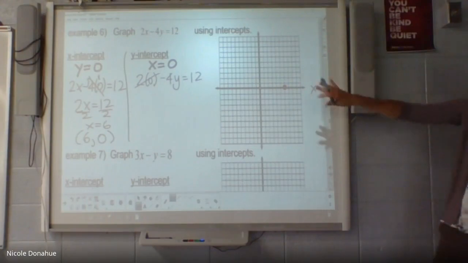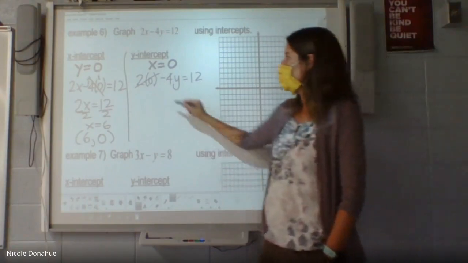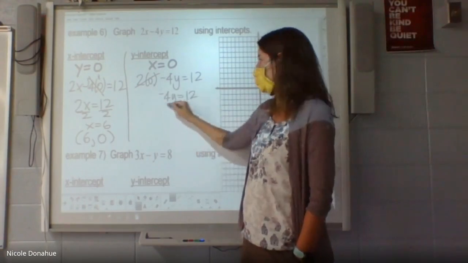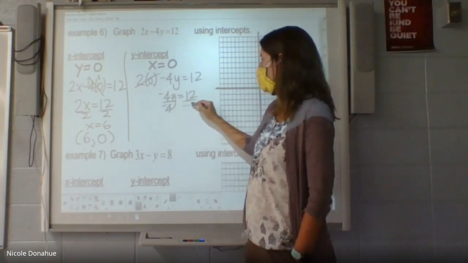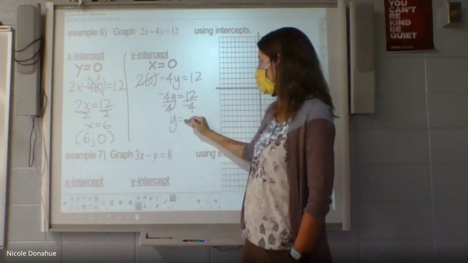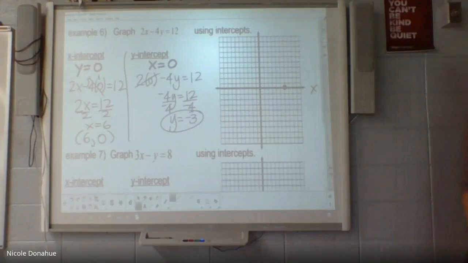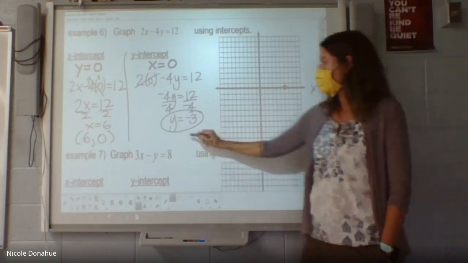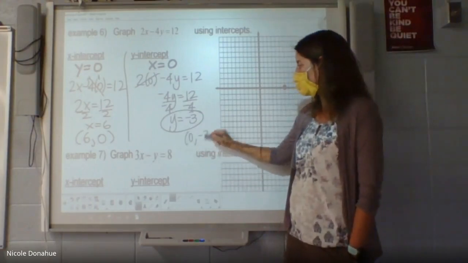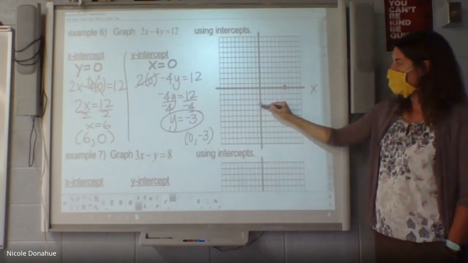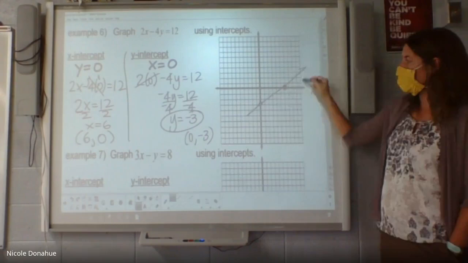So the 2x becomes 0. Negative 4y equals 12, so we're dividing by negative 4. So y ends up being negative 3. And this is my other point, 0, negative 3. Now we have 2 points, and that's enough to draw a line.